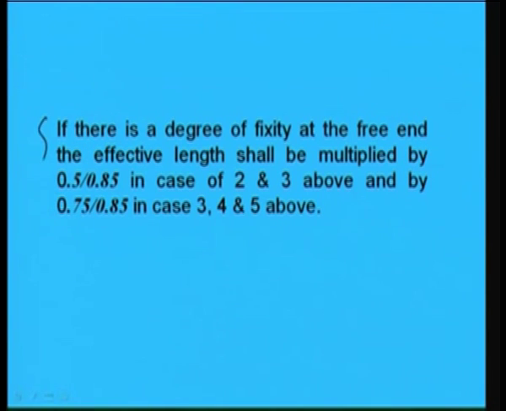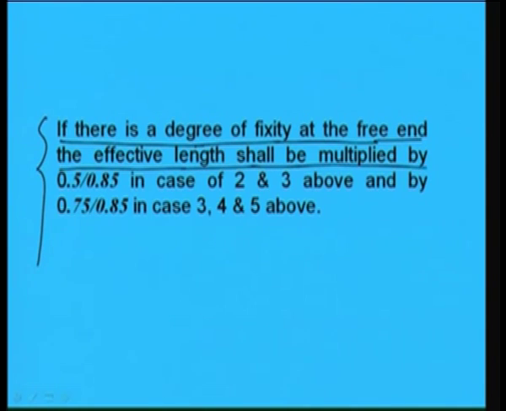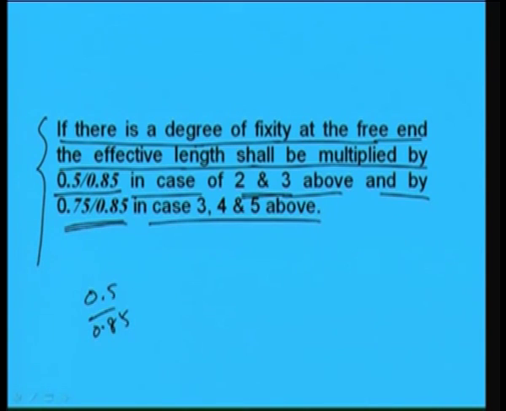Another thing is told in the code, that if there is a degree of fixity at the free end, the effective length shall be multiplied by 0.5 by 0.85 in case of 2 and 3 above, and by 0.7 by 0.85 in case of 3, 4 and 5.